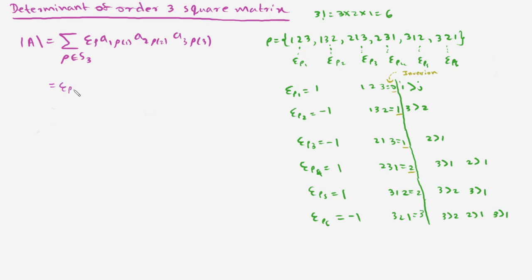So epsilon rho 1, then a1, whose corresponding value is 1, then a2, the corresponding value is 2, then a3, the corresponding value will be 3.